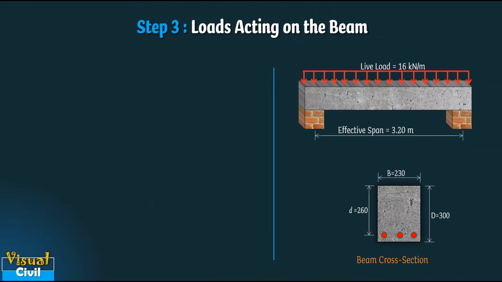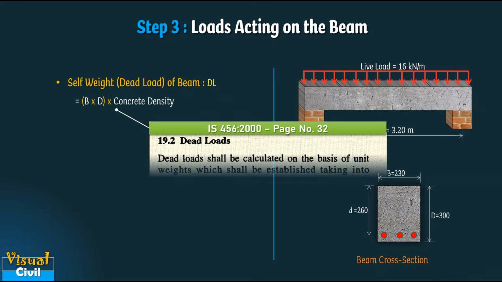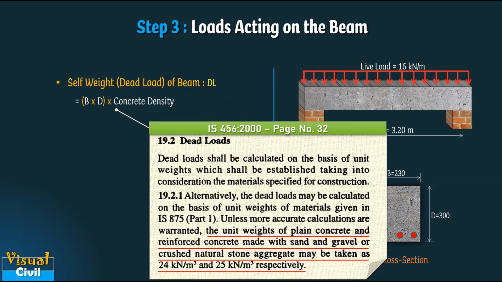In step 3, let us calculate the load acting on the beam. First, calculate the self weight or dead weight of a beam by multiplying the cross-sectional area of the beam with concrete density. Consider the concrete density as 25 kN per meter cube by referring to clause 19.2.1 of IS 456.